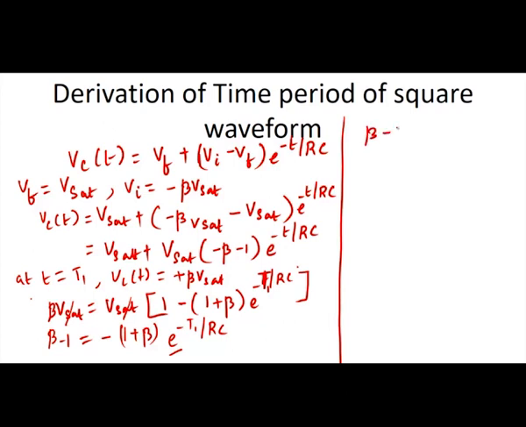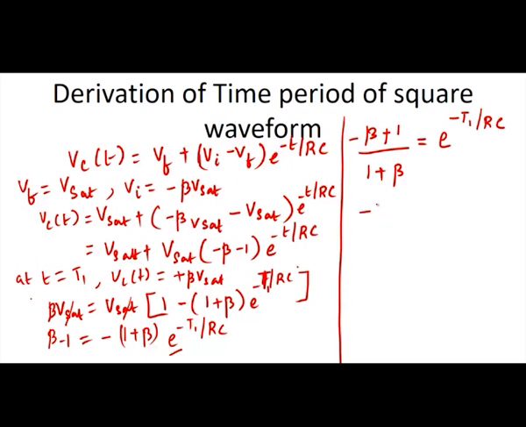This equation now will become beta minus 1 by 1 plus beta, with this term taken to the denominator on the left hand side. So you have a minus sign also here. If you take this minus here, you have 1 minus beta by 1 plus beta equals e power minus T1 by RC.